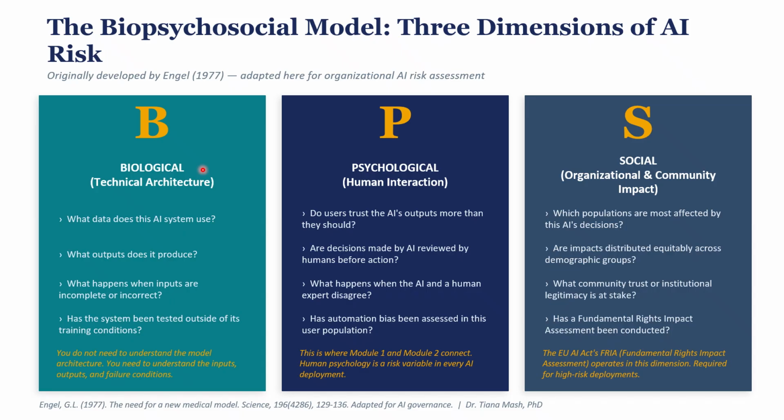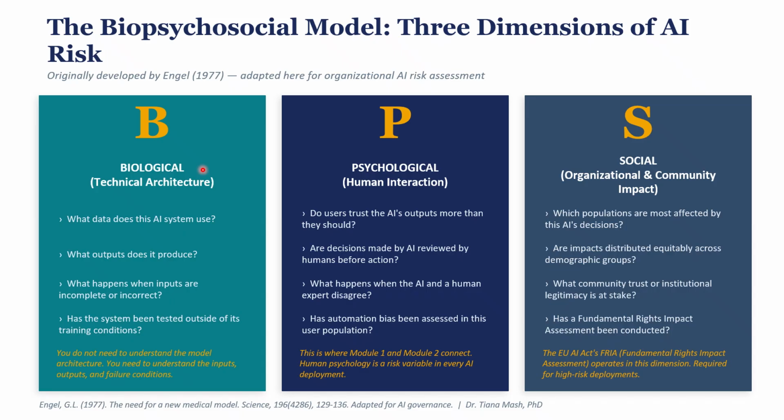Now here's the important point. You do not need to understand the model architecture to answer these questions. You need access to the vendor's documentation, the system's data dictionary, and the incident log. You're asking what goes in and what comes out, not how the algorithm works.